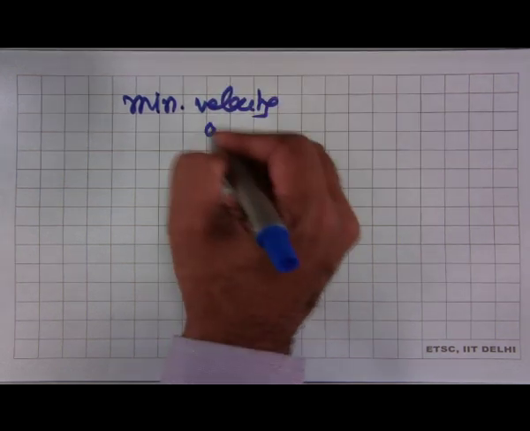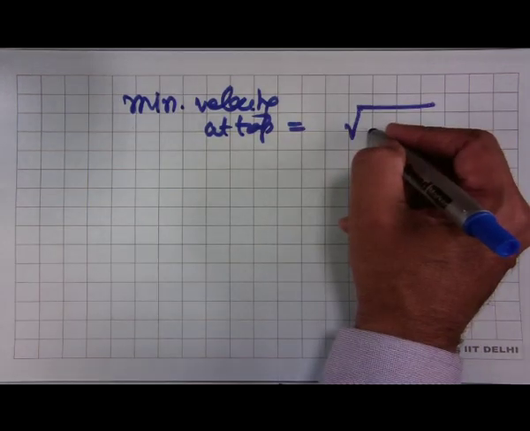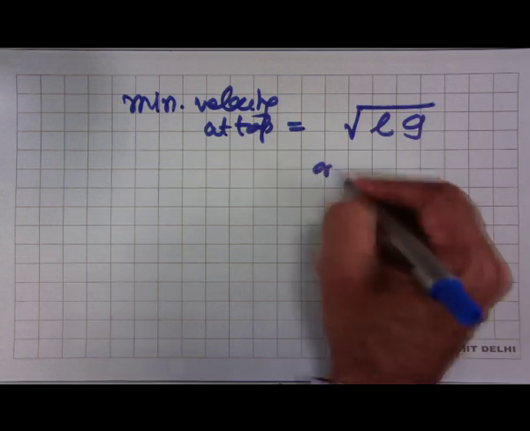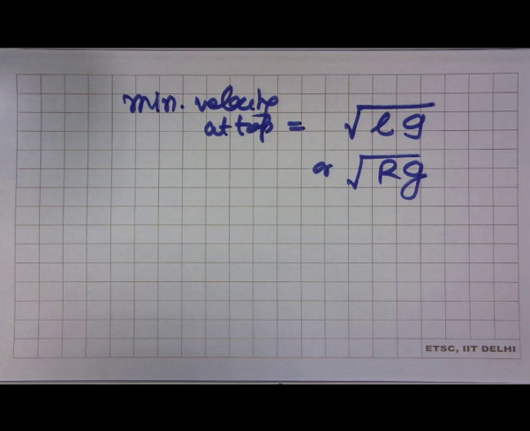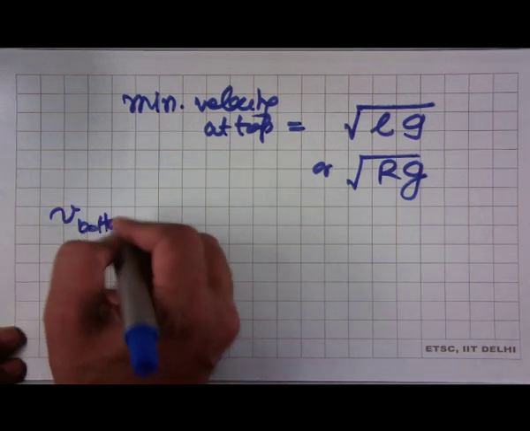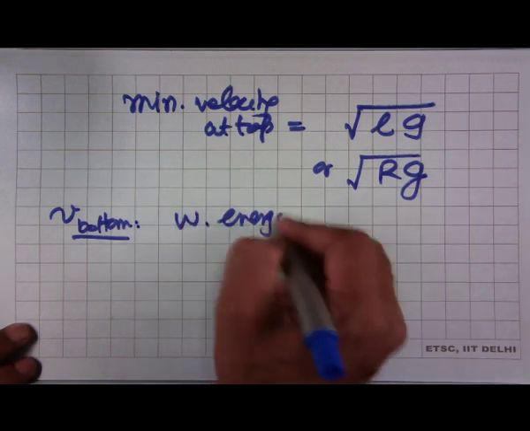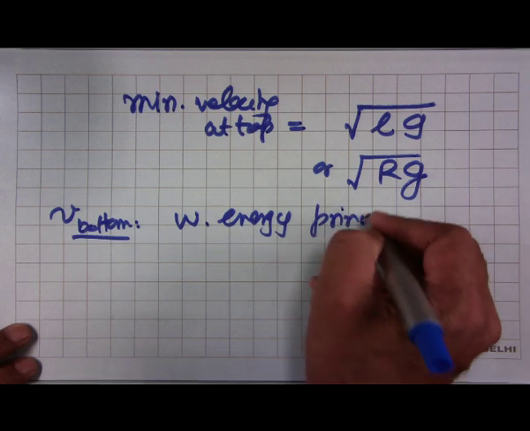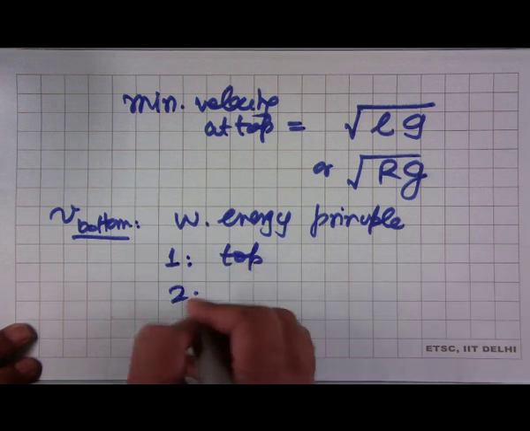So, that means minimum velocity at the top must be equal to square root of L times g, or square root of r times g, where r is the radius of the circular loop. Now, to find the velocity at the bottom, we use the work energy principle, with 1 being the top and 2 being the bottom.